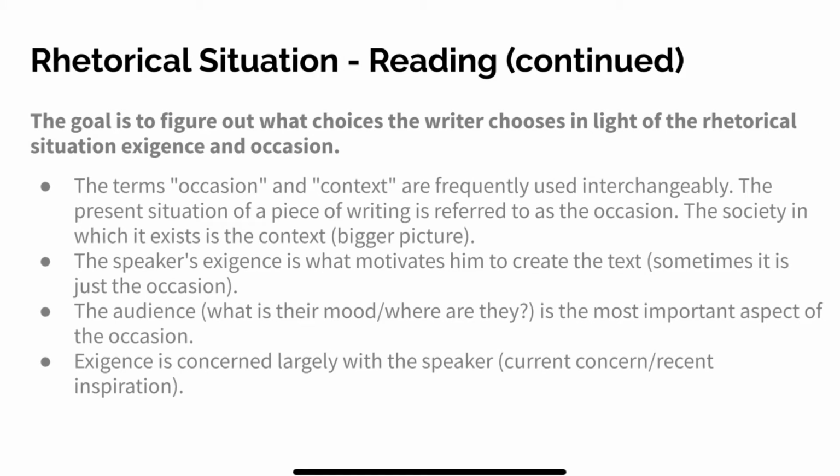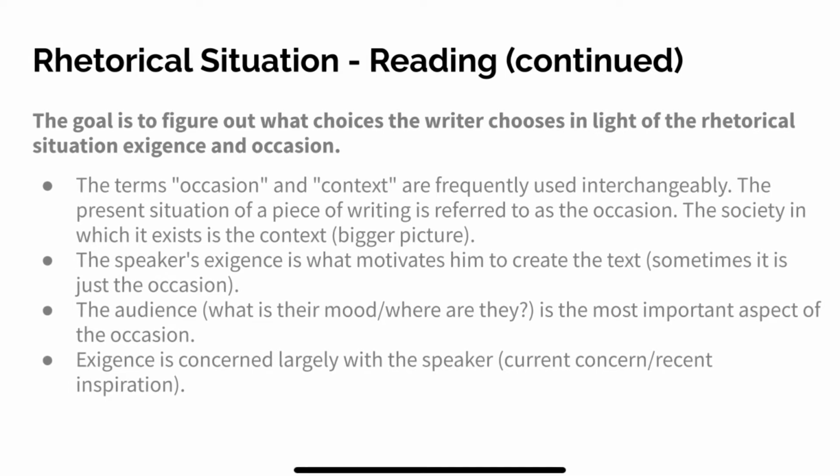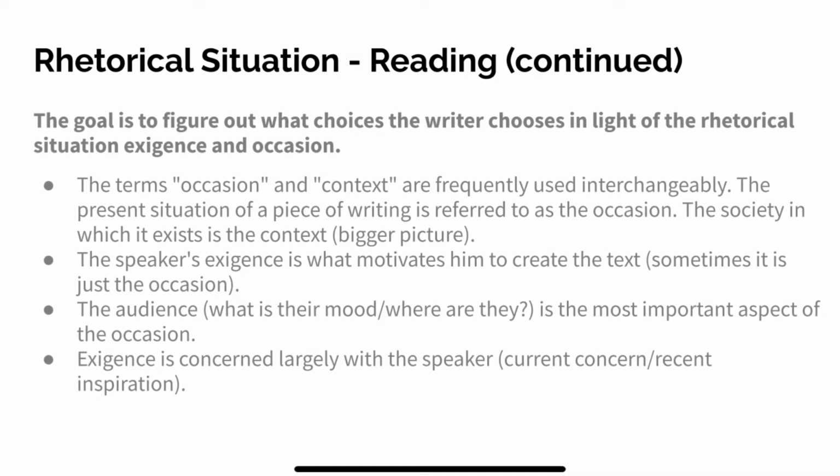The society in which it exists is the context, also known as the bigger picture. The speaker's exigence is what motivates him to create the text. Sometimes it is just the occasion. The audience, what is their mood, where are they, is the most important aspect of the occasion. Exigence is concerned largely with the speaker, their current concern, and their recent inspiration, which is what the exigence is.